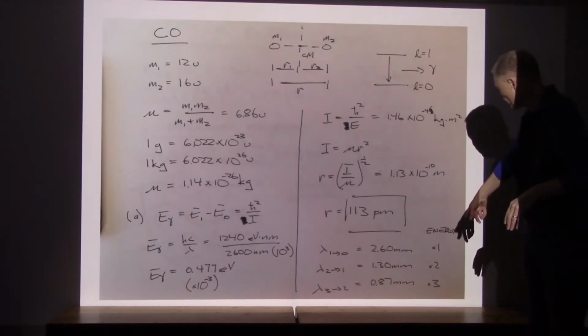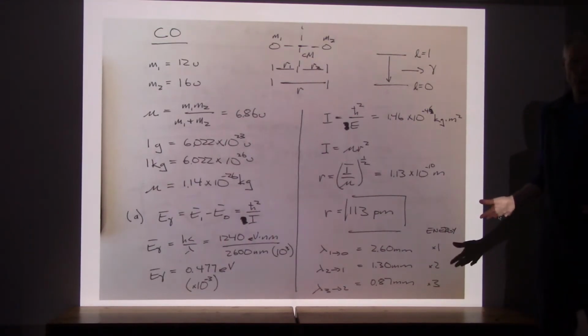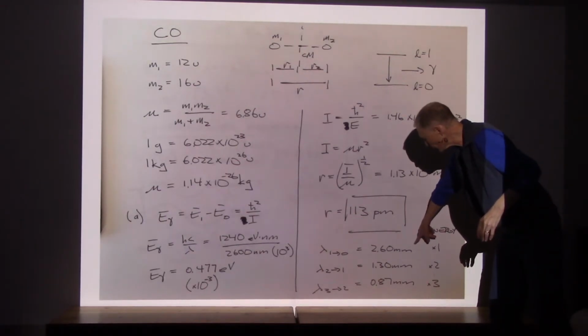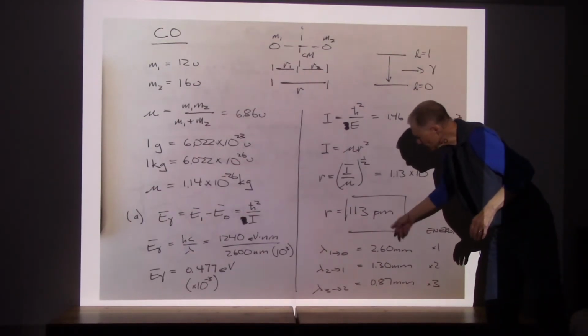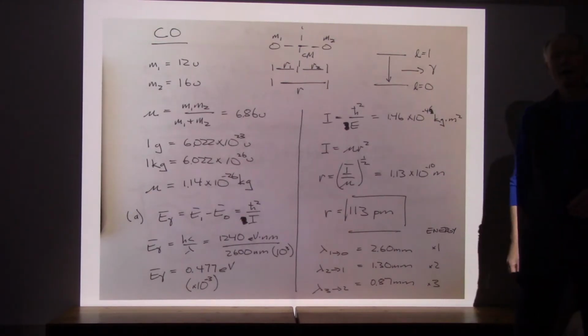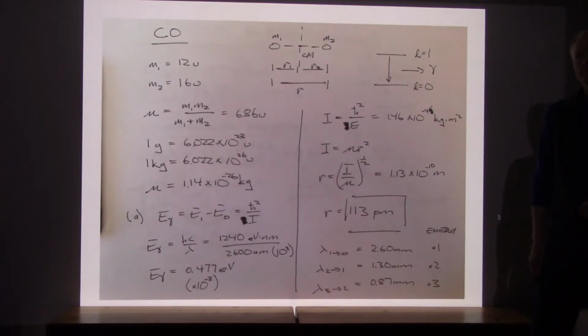A photon with 3 times the energy has 1/3 of the wavelength. So we can take the 2.6 millimeters, divide it by 2, and then divide it by 3 to answer that question about how the wavelengths compare for the other transitions. What will be the wavelengths of the photons needed to make those additional jumps into state 2 and then into state 3. All right.